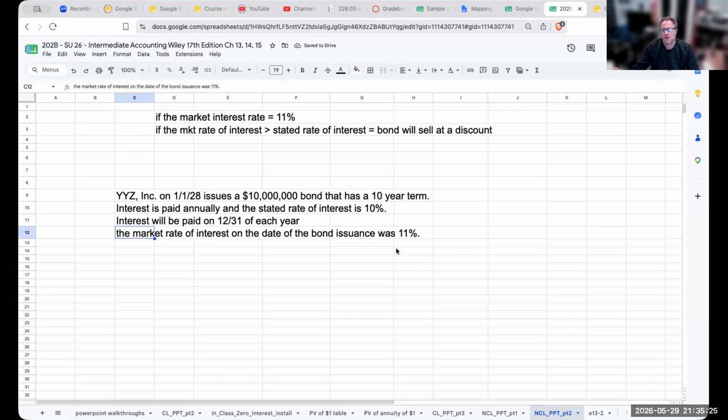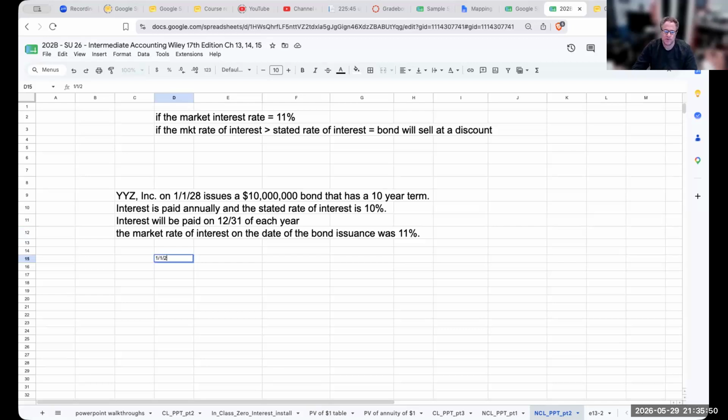Okay, so if the market interest rate is 11%, so if I can earn 11% on my investments and I'm only offering 10%, what's going to happen is that the bond is going to be discounted to effectively yield 11%. So what we know is that my cash proceeds as a result of this, right?